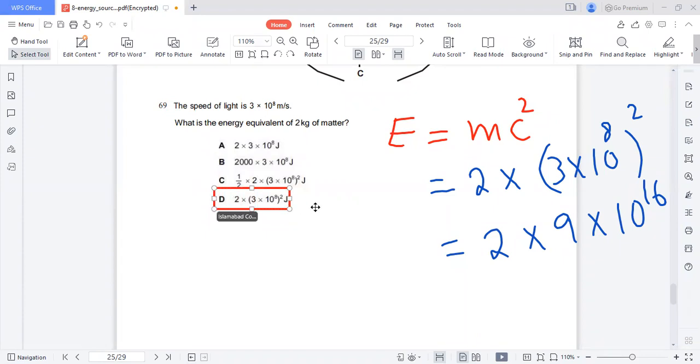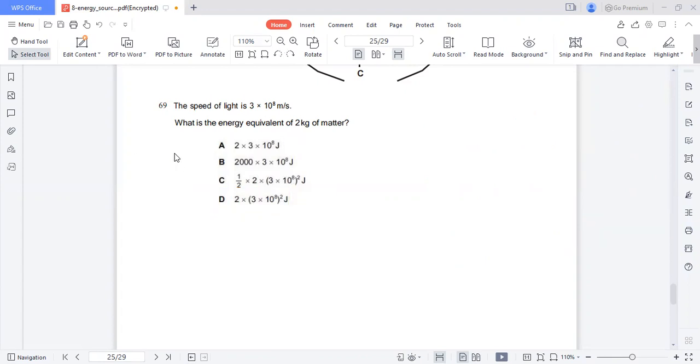Now you can see 2 is the mass, 3 into 10 to the power 8 is the speed of light, and this is squared. So this is the energy equivalent to 2 kg mass. Now let's move to the next one.